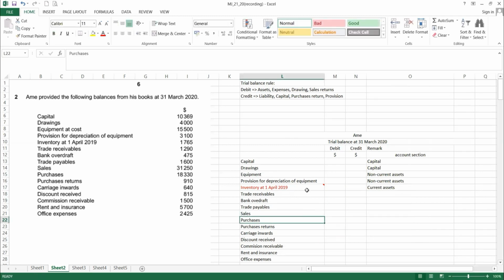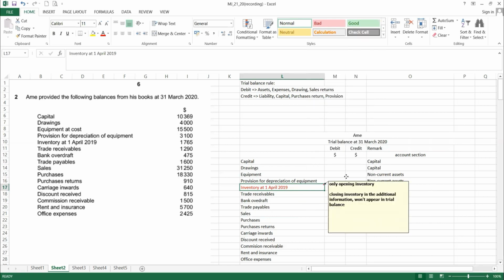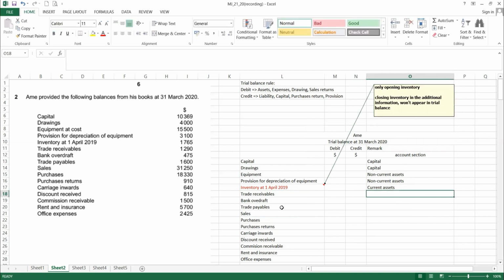So these are some notes you can refer to. Take note about the inventory in case they have two inventory amounts to show.